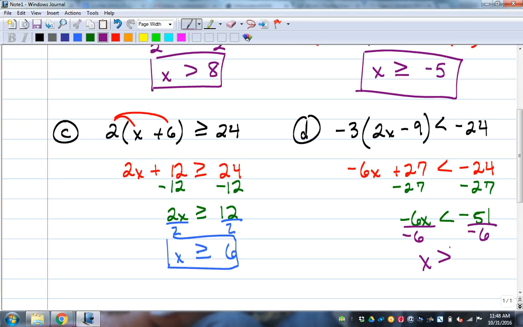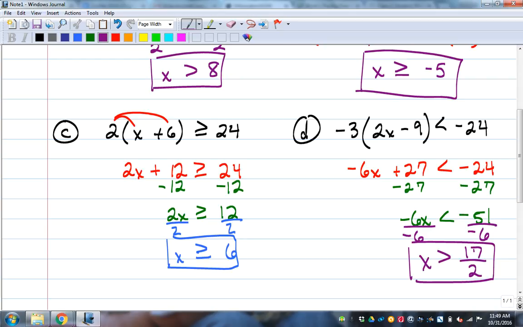So what does go into 51 and 6? 3. How many times 3 go into 6? 2 times. How many times does 3 go into 51? 17. Good job. 17 over 6. Put that on a number line if need be.